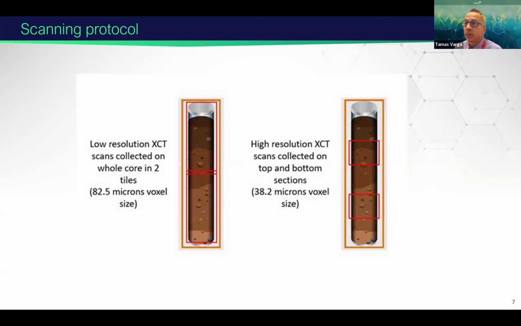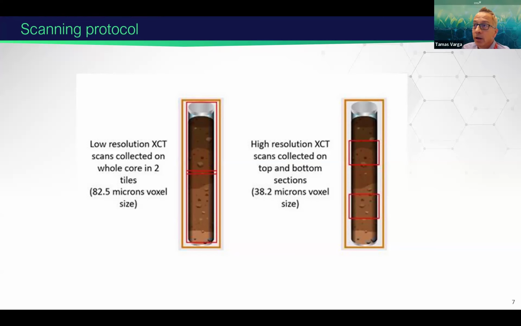And then we collect higher resolution scans from the top and bottom half of each core at 38.2 micron voxel resolution. That's a compromise. It would take about 5 scans to get this high resolution data on a full core. So we settled with 2 quicker scans and 2 long scans to get the porosity specific data.